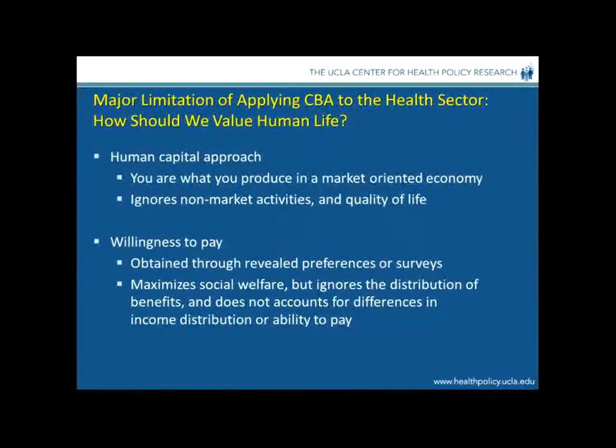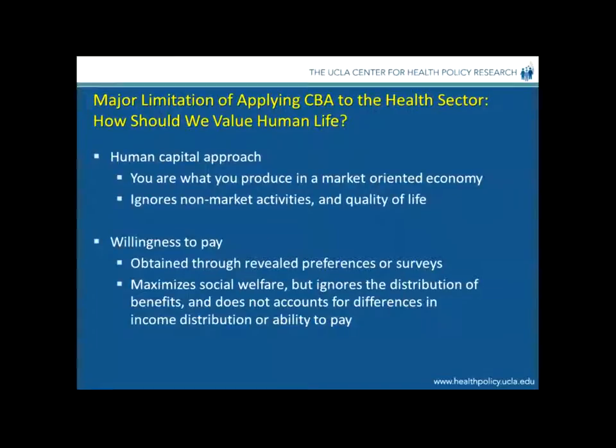Courts of law throughout the United States, in deciding cases of personal injury, premature death, put a dollar value on life every day. Juries do it, courts do it. So it's not that we can't do it, but it leads us down a path that might not be completely desirable for social purposes.